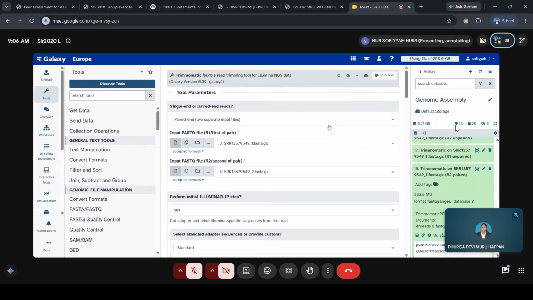Where did I put the Trimmomatic part? Or did I just read them wrong? Because sometimes I think I'm right, but I'm wrong. Wait, I need to find the manual first. I myself cannot find the manual.